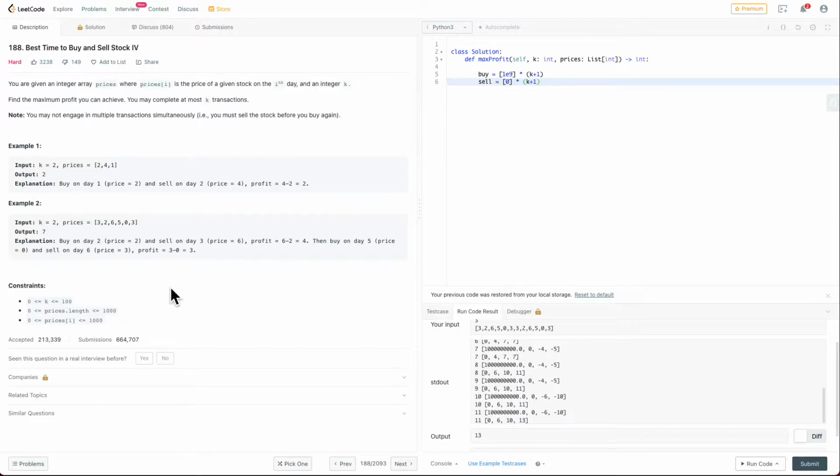This way, if we're selling at any non-zero price, then the max of this sell and our sell price will always clip to the maximum profit, because we're trying to solve for maximum profit here. And the reason why this is 0 and not like negative 9 billion or whatever is because if we're not profitable, we have to return 0.